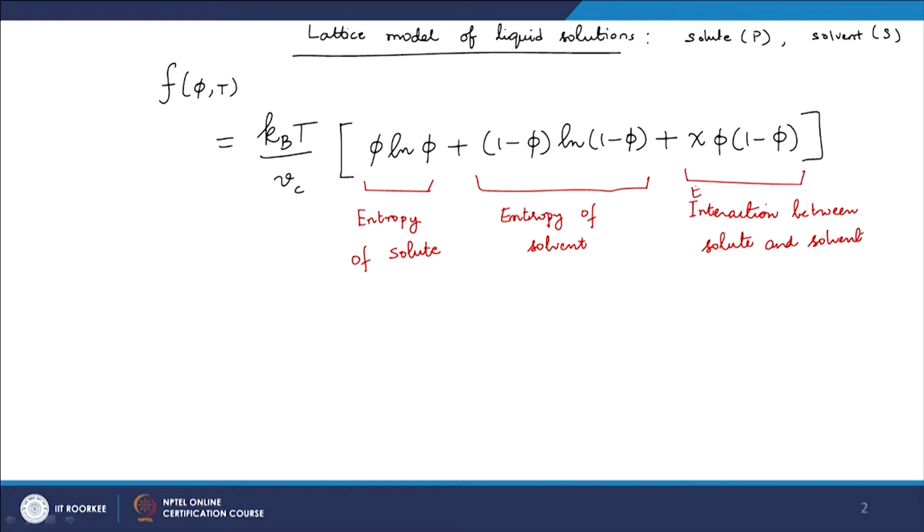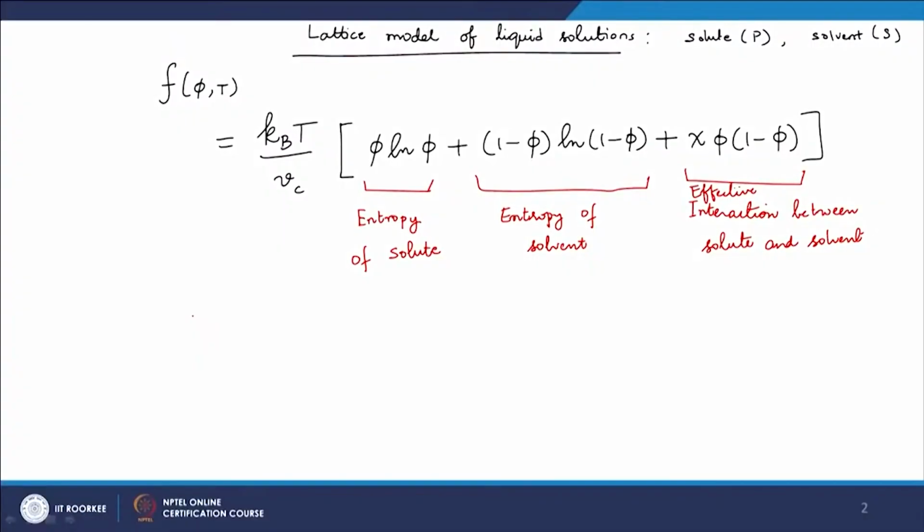I will use the word effective interaction here, just to recall that chi came from an effective energy delta epsilon, and delta epsilon was something like epsilon pp plus epsilon ss minus 2 epsilon ps. That is, it depends on not only the solute interactions, but also solute solvent and solvent solvent interactions. So, it is like an effective interaction between the solute and solvent.